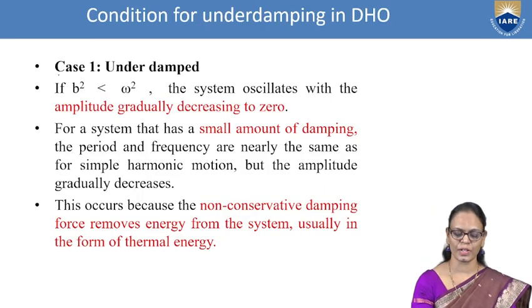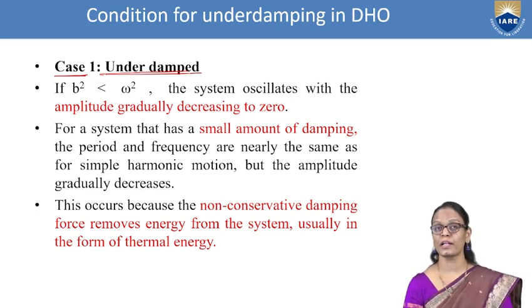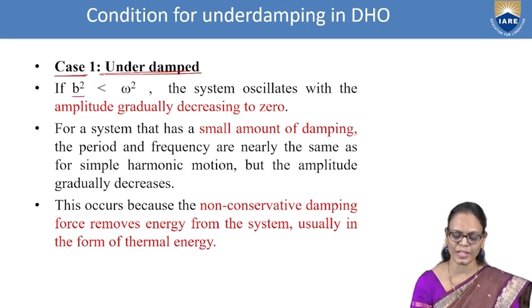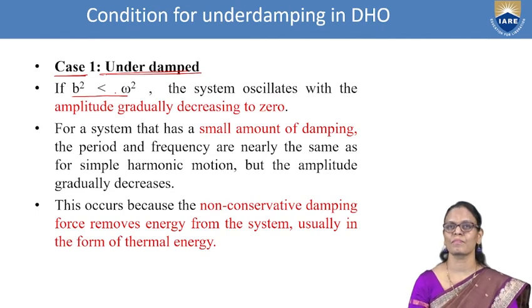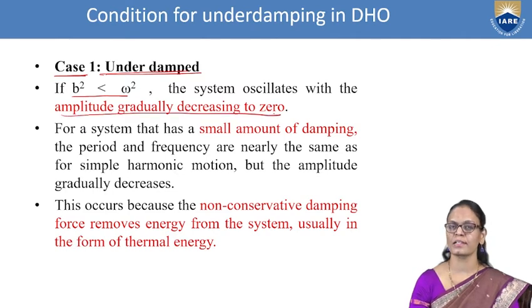Now case 1 is underdamping. In underdamping, B square is less than omega square. So the system oscillates with the amplitude gradually decreasing to 0.